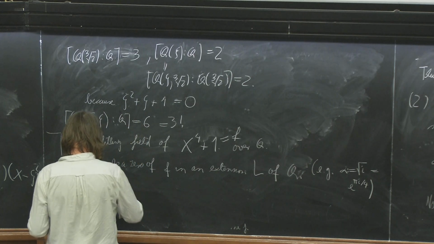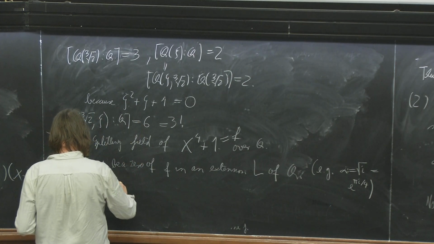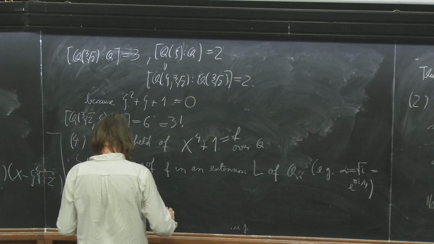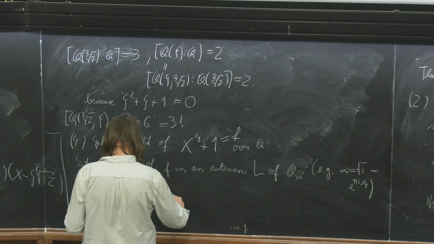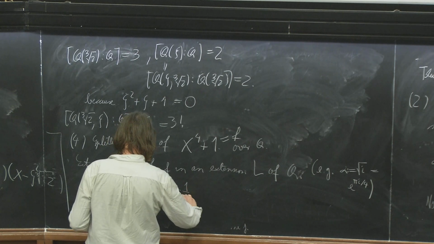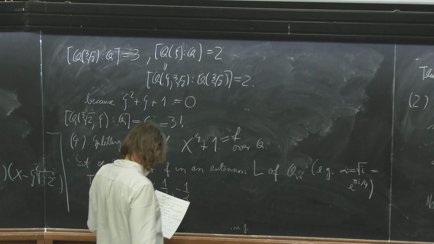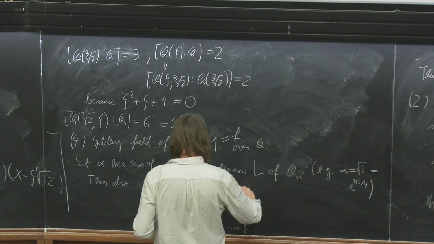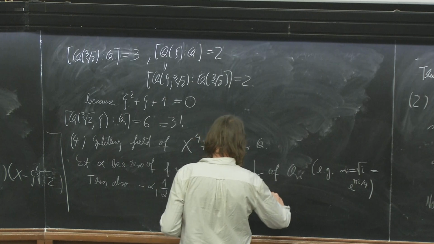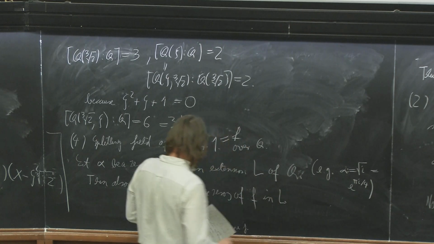So then we see that minus alpha, 1 over alpha, minus 1 over alpha are zeros of this f. Yeah, you see this immediately.